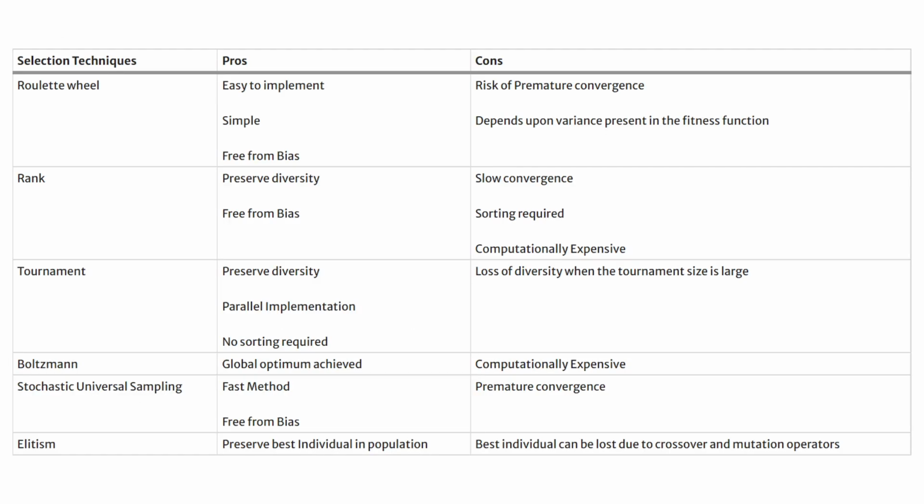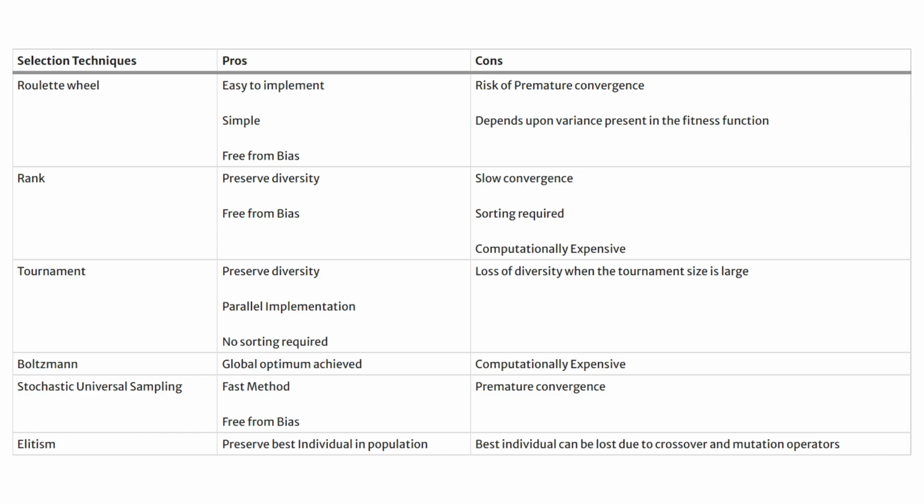These are the different types of selection techniques that I just talked about. Roulette wheel has its own pros and cons: it is easy to implement and free from bias, but it has the risk of premature convergence. The rank method reduces this premature convergence, but it is computationally expensive and slow in convergence.